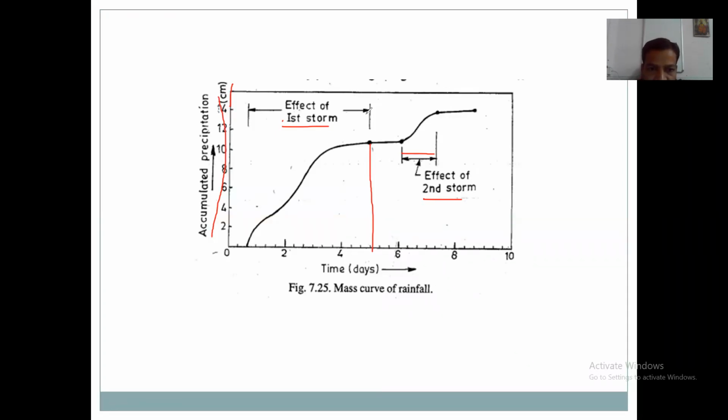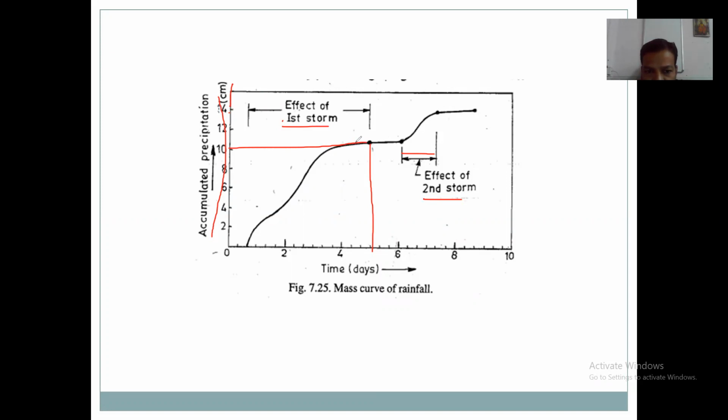How much the intensity of rainfall is there, that is given here. After 5 days the accumulated precipitation is 10 centimeter. Again, as the days are increasing, the intensity of rainfall is higher. This is for first storm.